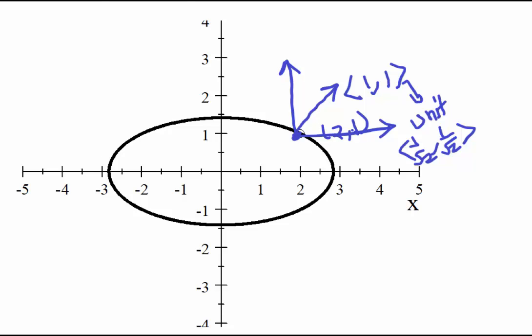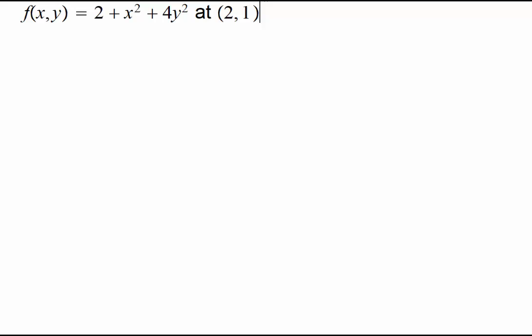All right. So we had this function and we are talking at the point (2, 1), and what we want is the rate of change of f at (2, 1) along the unit vector.